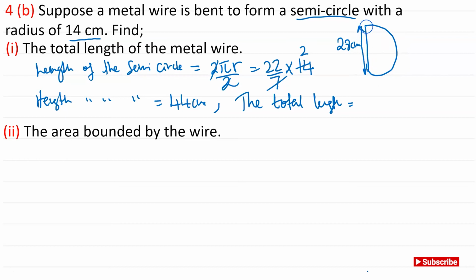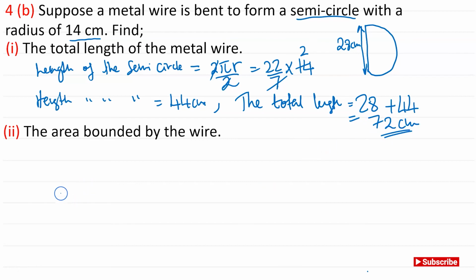You've got wire here and wire here, so that's going to be 28 plus this part, the semicircle, which is 44, and all this will give you 72 centimeters. So this is the answer to part I.